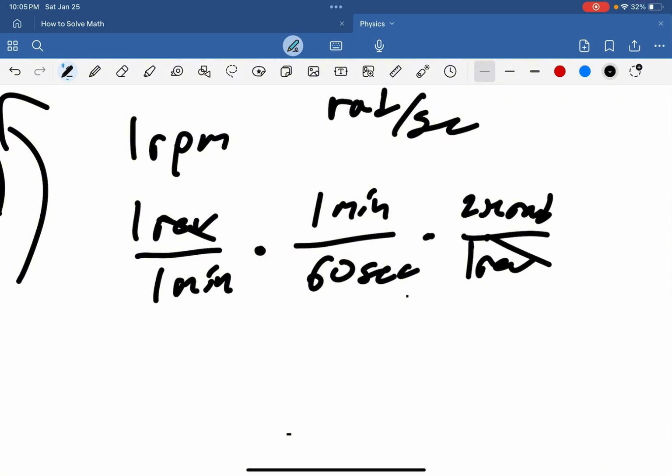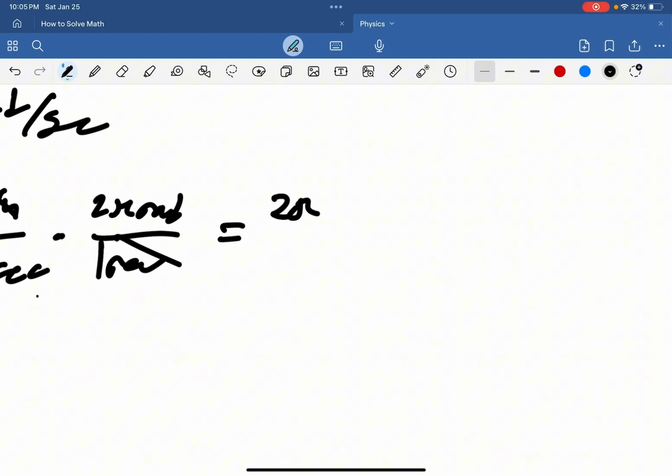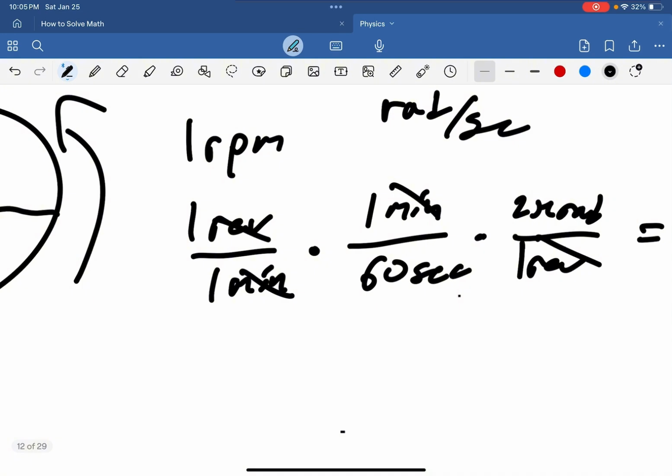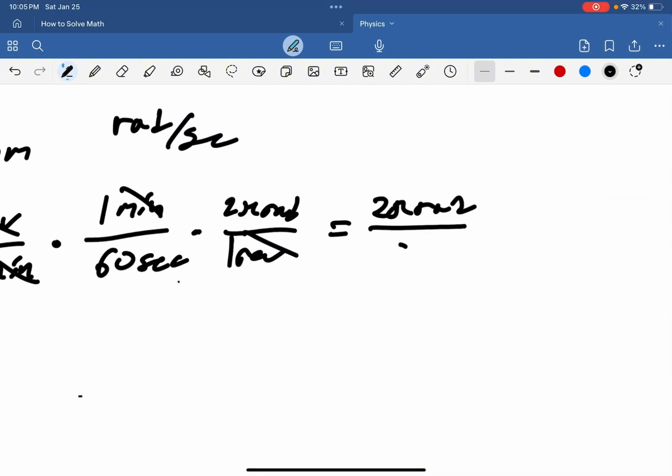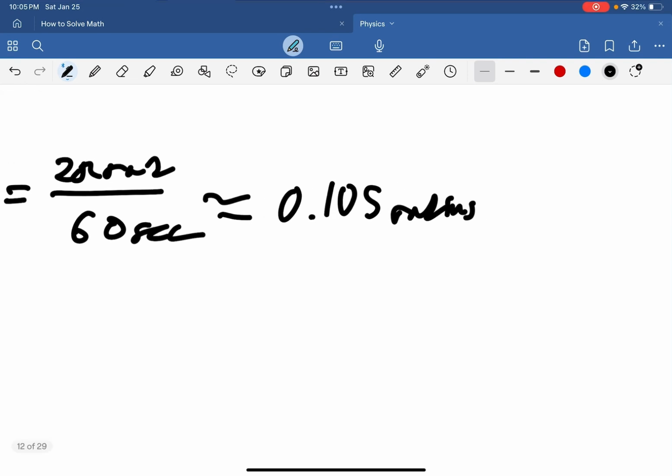So boom, boom, boom, boom. This equals 2 pi radians per 60 seconds, which, if you do the math, is 2 pi divided by 60, about 0.104 radians per second.